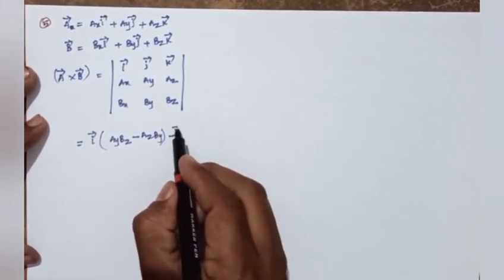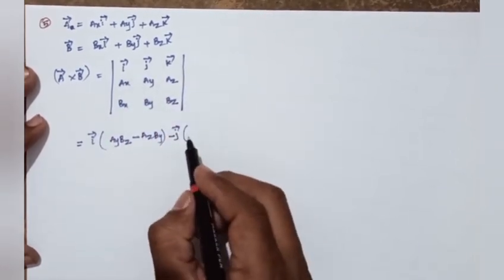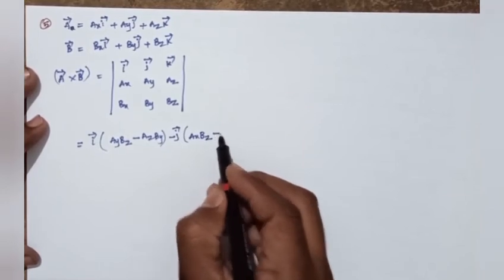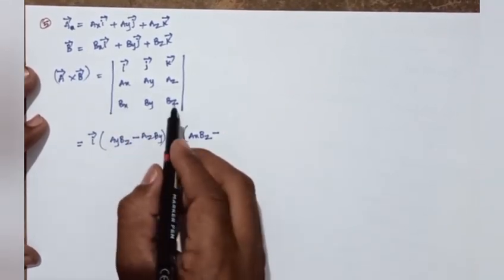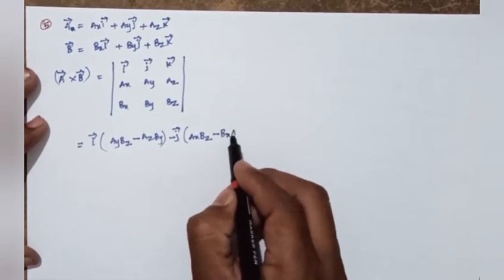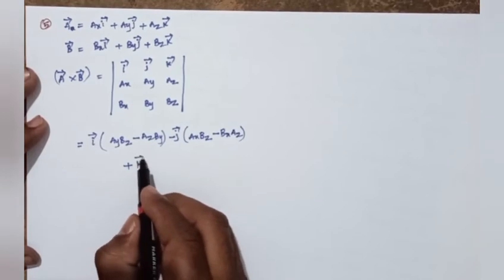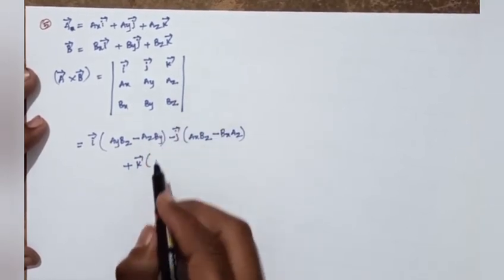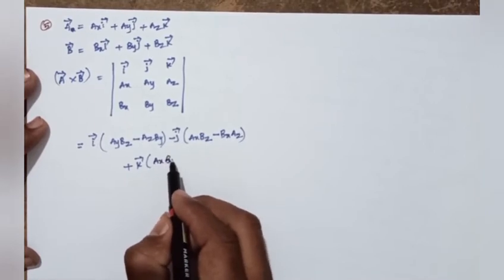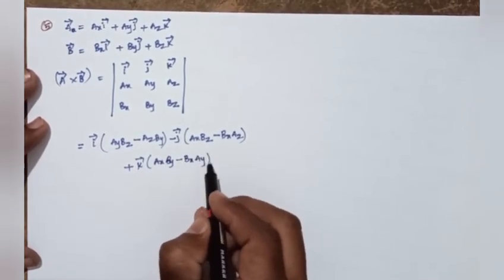minus j bar into ax bz minus bx az, plus k bar into ax by minus bx ay.